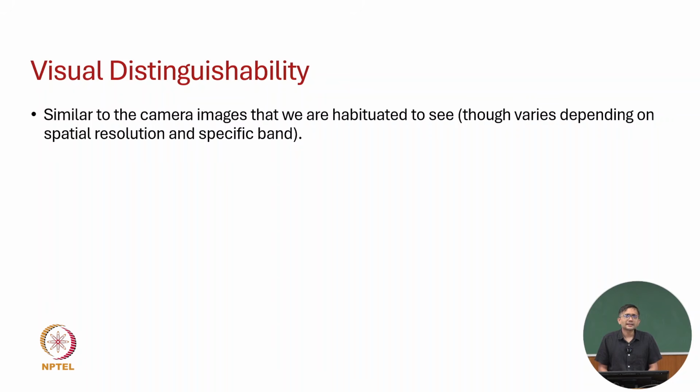On the other hand, it may also vary on the spatial resolution. This is irrespective of the band, even if we are talking about the red, green, blue bands. If the spatial resolution is very coarse, of course it's not so easy to understand visually what we are looking at.